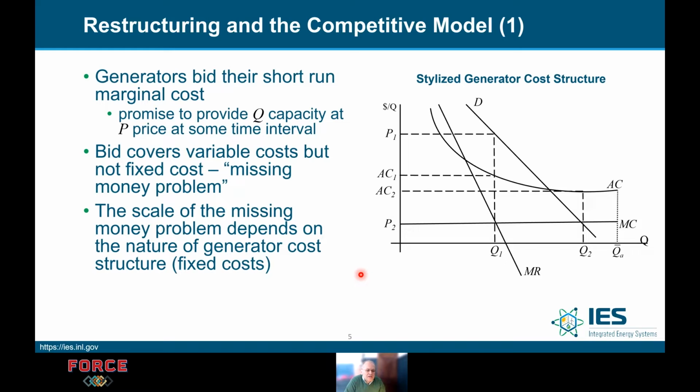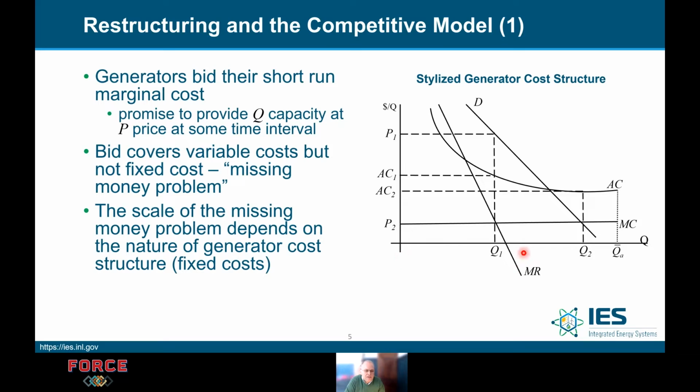Okay, so in the deregulated model, how does that work? Well, now generators, the very first part of the system that I showed in the previous slides, have to bid into an electricity market based on their marginal cost of production and their capacity.